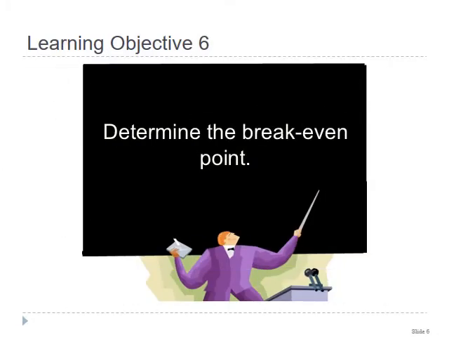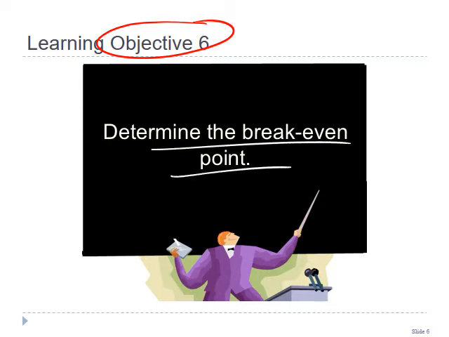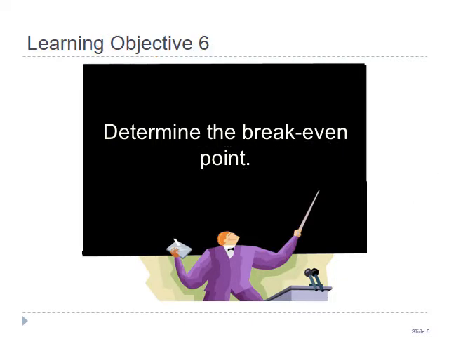We have successfully completed our learning objective 5. Now let's move toward learning objective 6, that is, determine the break-even point. And what is the break-even point? That point where you have no loss, no profit, right? So let's explore this.